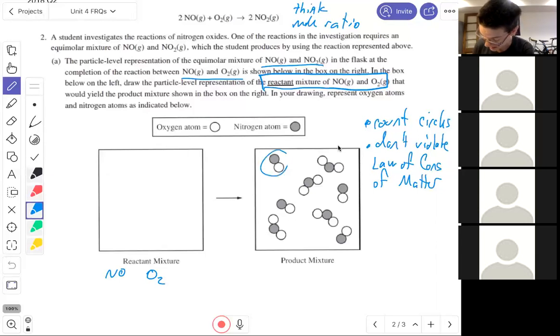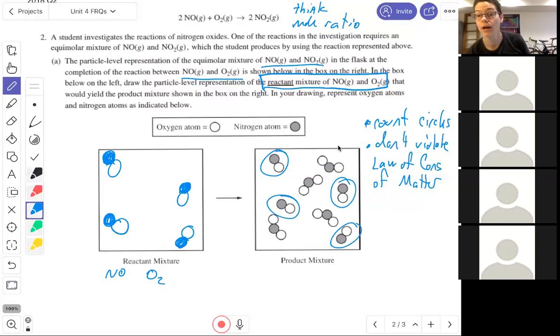So this one, this one, this one, and this one were present on both sides. I can draw that one, that one, that one, and that one. They were there both times. So it's these other four NO2 particles, which were the product of this reaction, that I need to reverse.